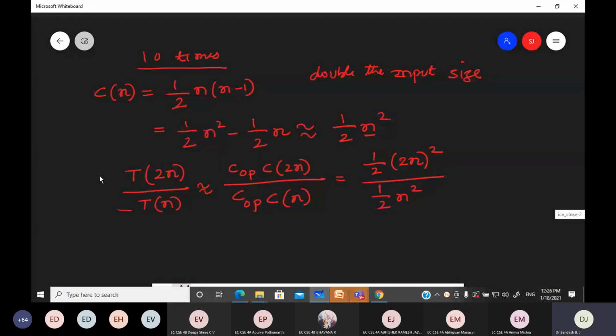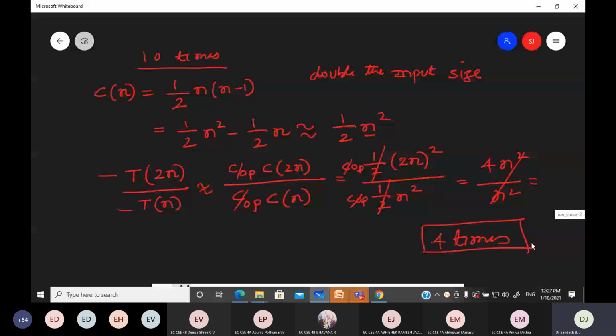This is T(n), this is T(2n), right? So c_op is also there, and it cancels. Without knowing how much time it is going to take to execute one operation, we are able to say how much time it will take if you double the input size. You can see multiplicative constants are also cancelled out, right? So this will be 4n square by n square. You can see it is 4 times.